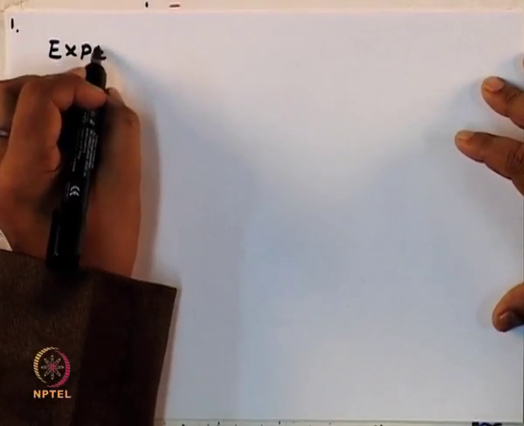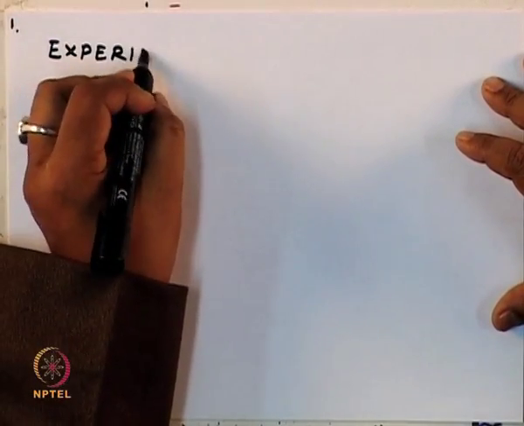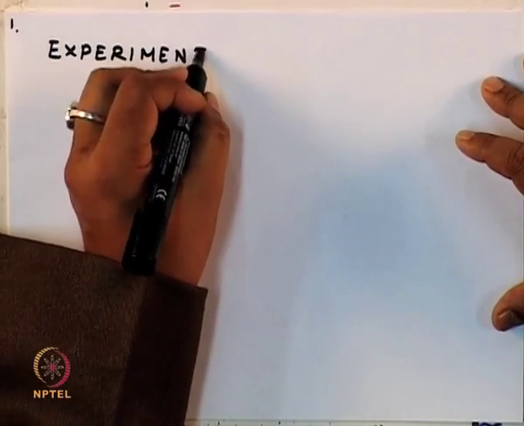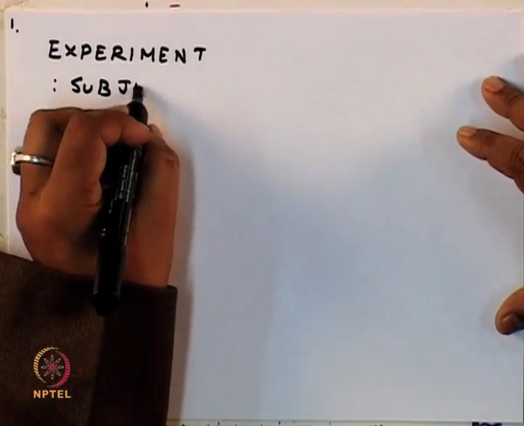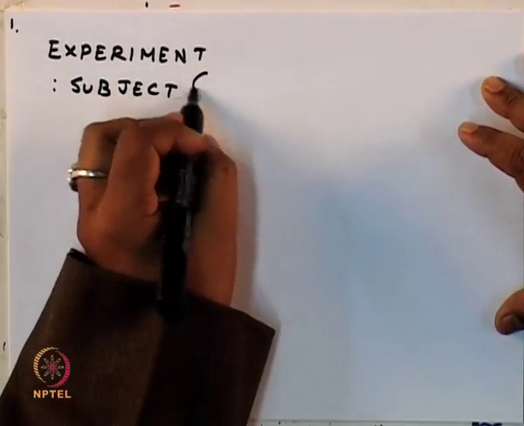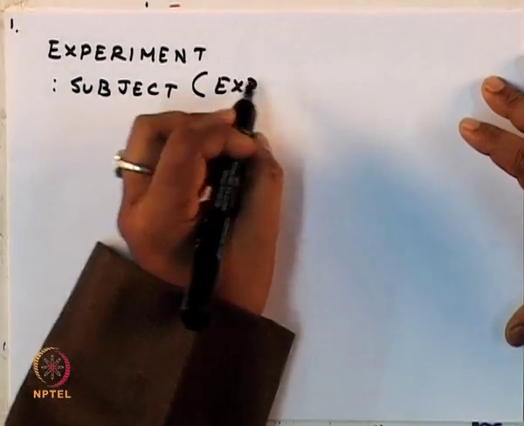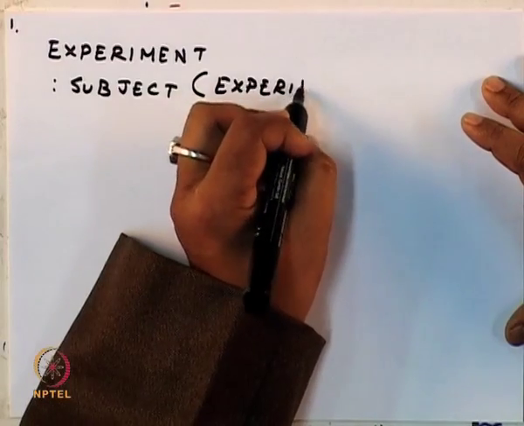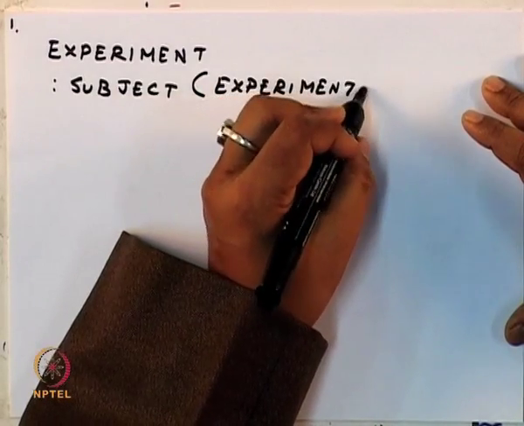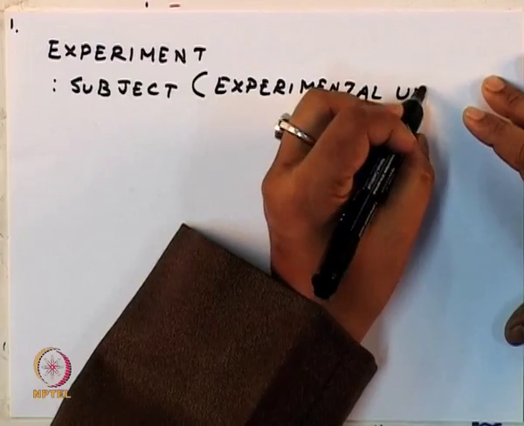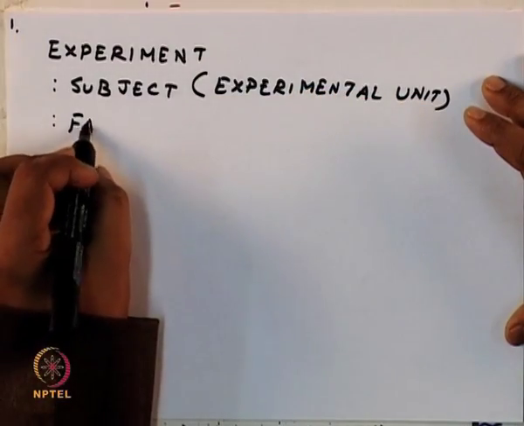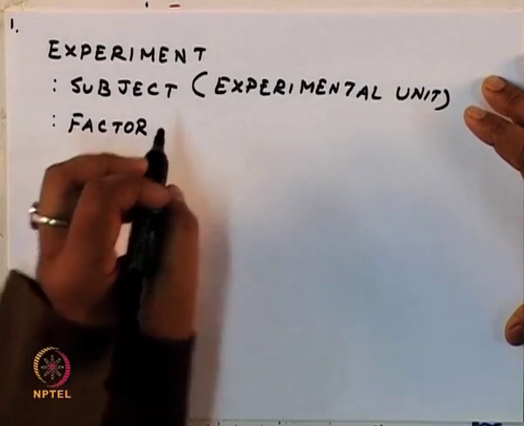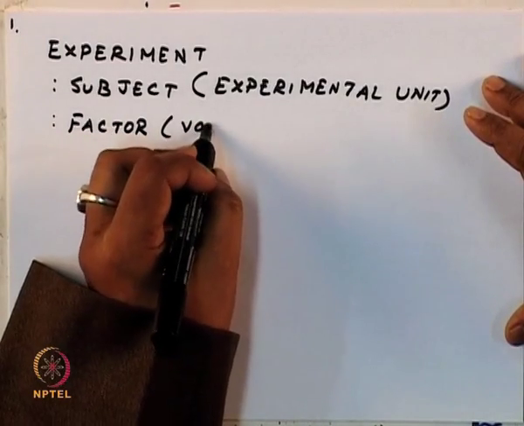So, for an experimental design, there are various components of an experiment. The subject on whom you do the experiment, also referred to as the experimental unit. The factor which you are changing, so it is a variable.